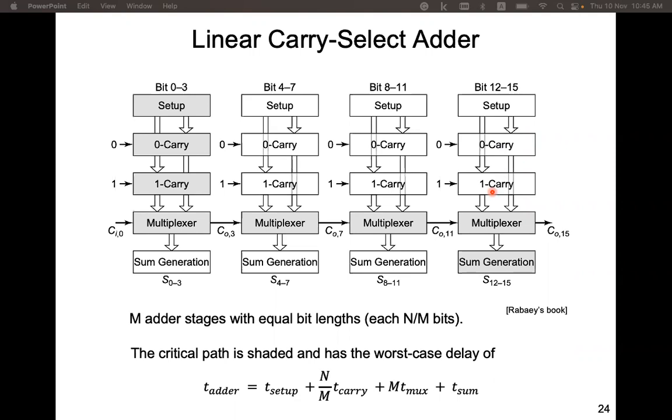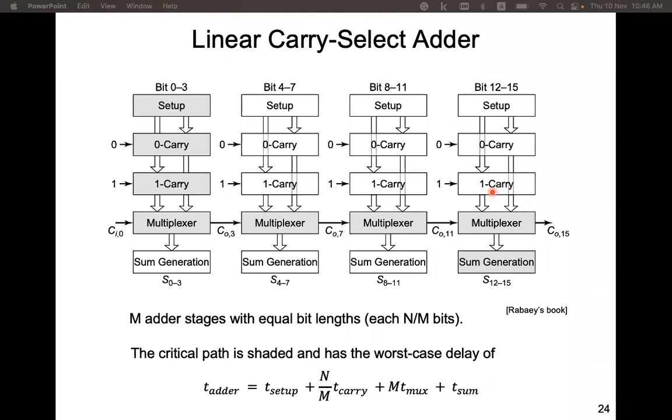So this carry stage is to generate C12, C13, C14, C15.